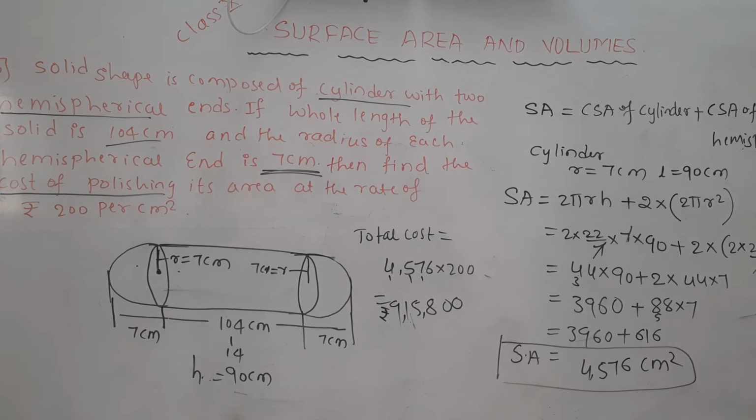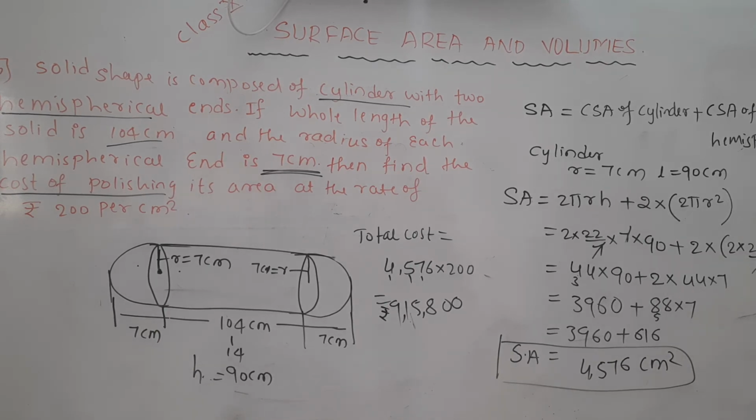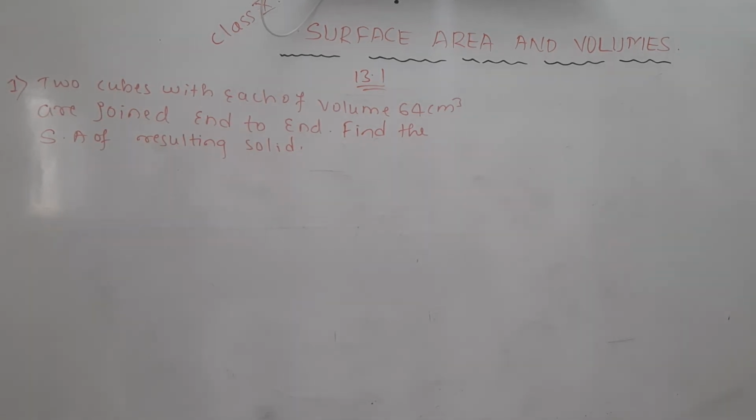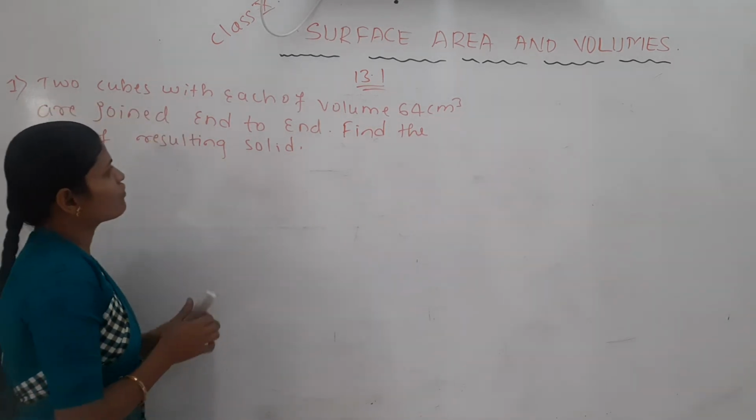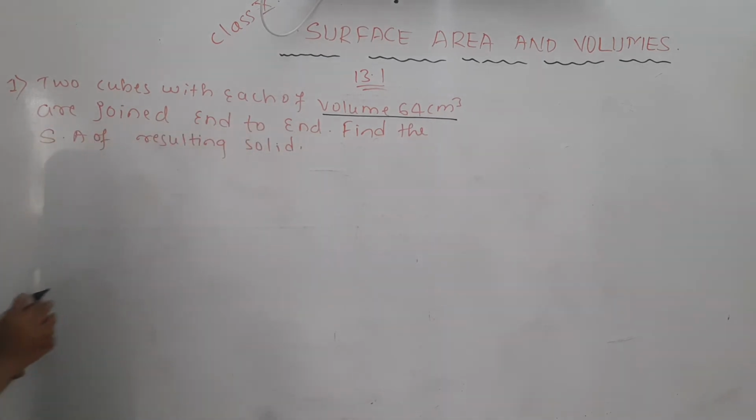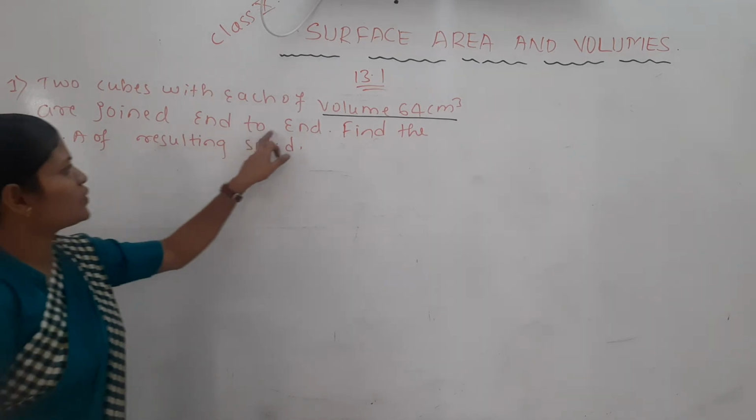Next, take one more question here from your exercise. Yes, take the question which comes in your exercise. First exercise: 2 cubes, each of volume 64 centimeter cube, are joined end to end.